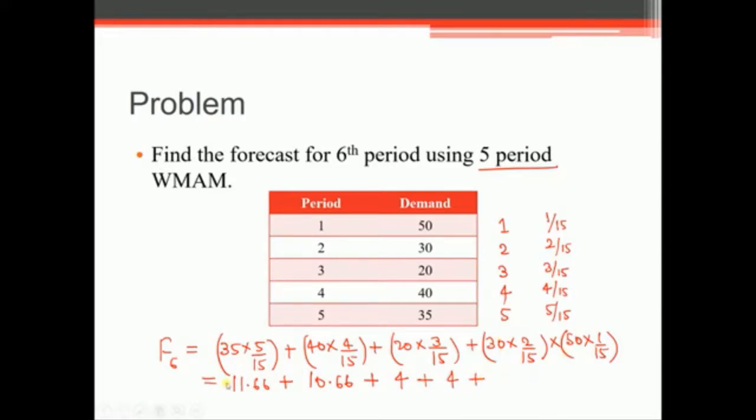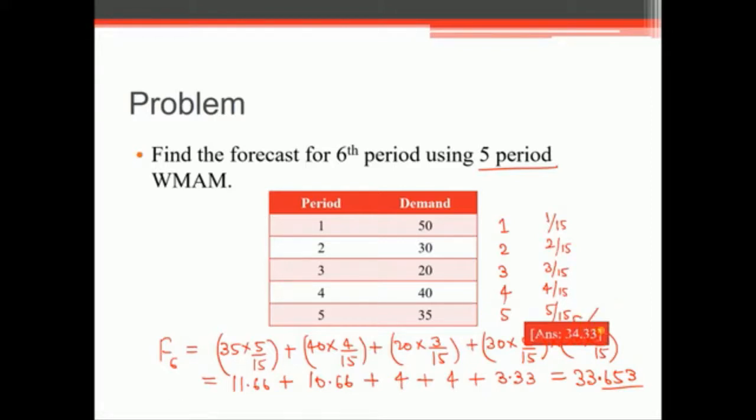Then we have 50 divided by 15, which is 3.33. If you add these all, 3.33 plus 4 plus 4 plus 10.66 plus 11.66, you will get 33.653. Okay, so this is your correct answer.